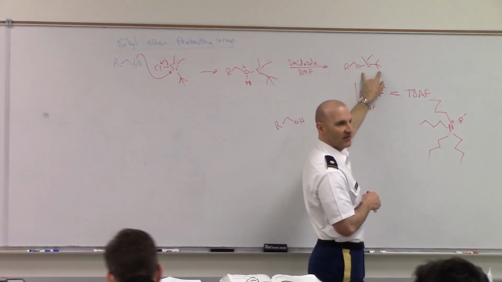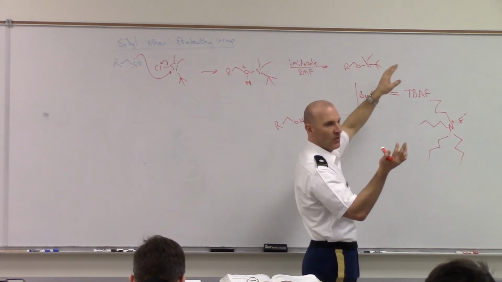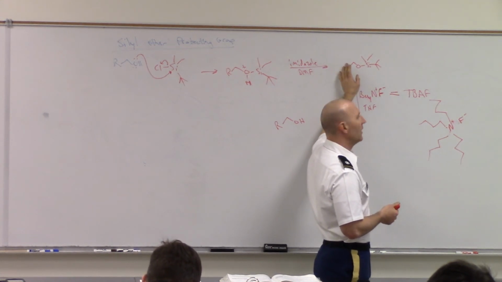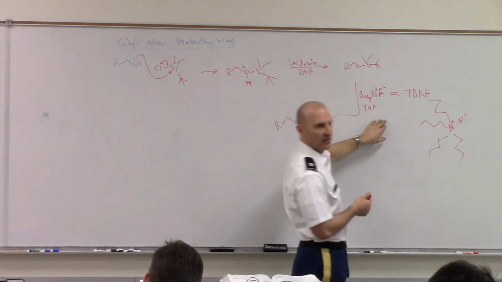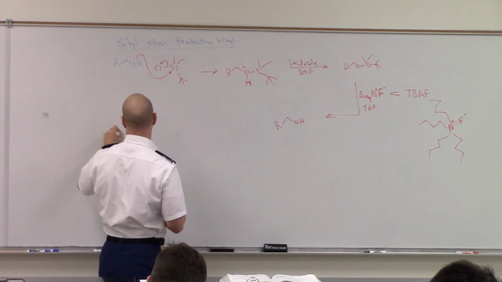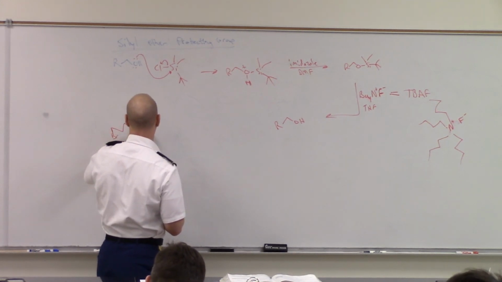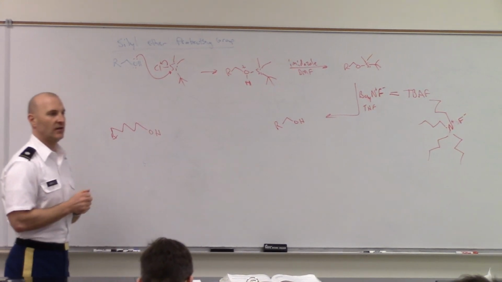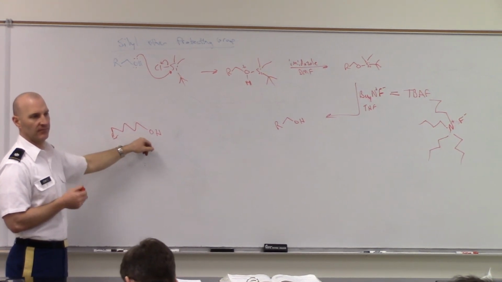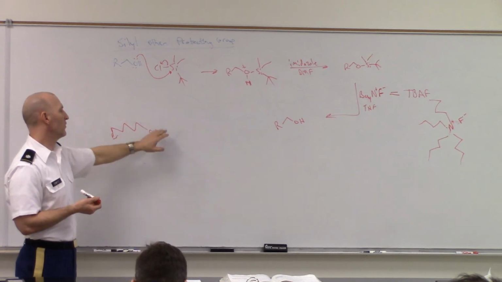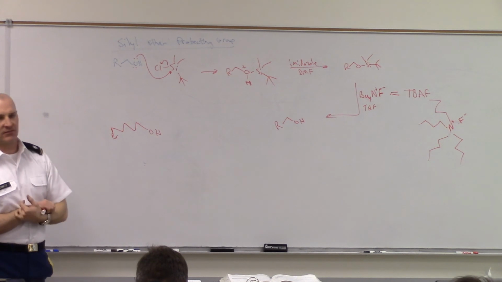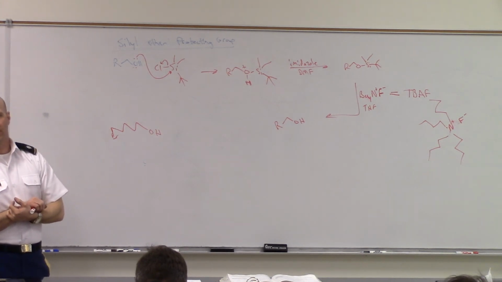Then this can react however we want, whatever reaction on the R. And then when we're done, we can take off the silyl part and make it back to an alcohol. Just like in that last reaction, if we had bromine and hydroxide, we would have a competing reaction with two sites. This way, we can protect the alcohol, do the reaction on the opposite side, and then take the protecting group back off. That's the whole point of protecting.